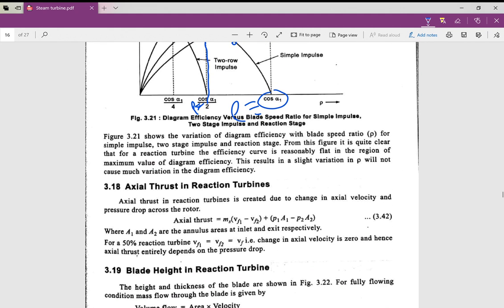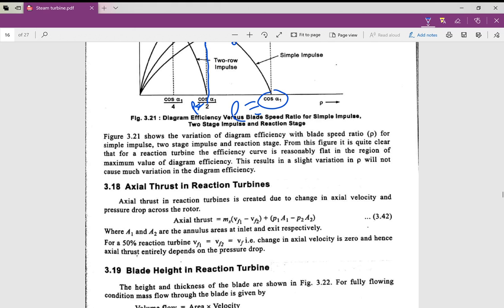Now degree of reaction we have seen earlier. The question arises, why is this degree of reaction not coming in impulse turbine? So the answer is, since the blade profile in simple impulse turbine is arranged in such a way that the area between two consecutive blades remains the same, henceforth there is no pressure drop, and no reactive force.